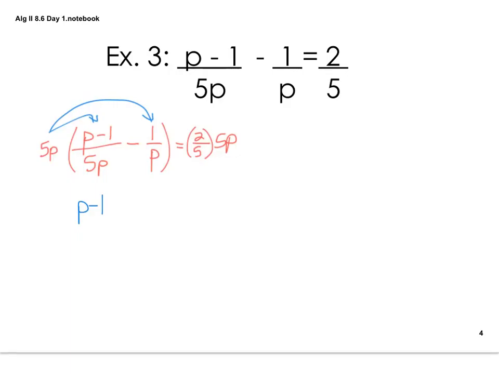Then on this second term, my p's cancel out, so I have a 5 times negative 1, which would be negative 5. On my right-hand side, my 5's cancel out, and I end up with a 2p.